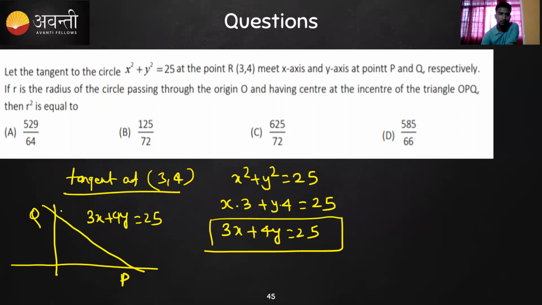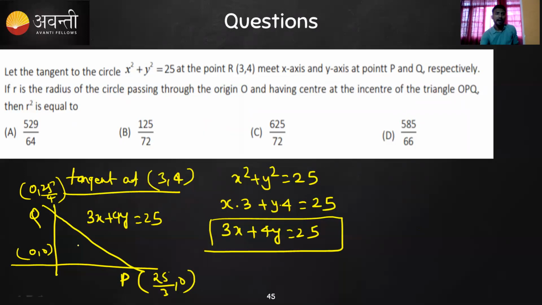So from here, if you find the x-intercept and y-intercept, you will get (25/3, 0), and you will get here (0, 25/4). And this is basically (0, 0). Now what we have to do?